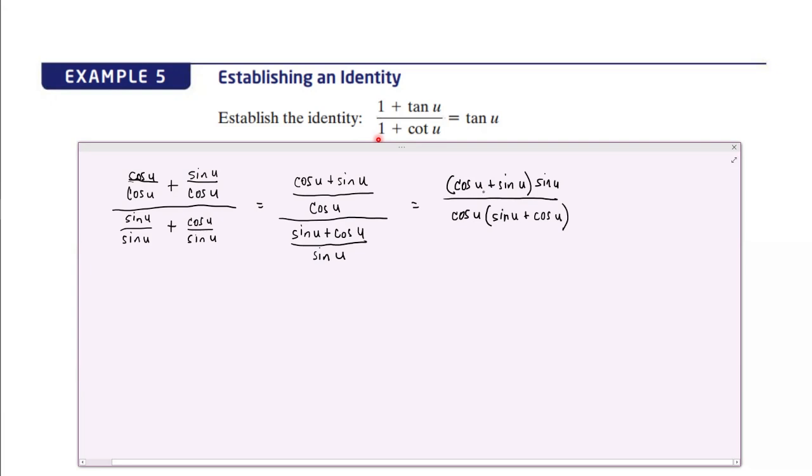Okay, and so what I have in common here is this cosine u plus sine u. Addition is commutative, so I could think of both of them as sine u plus cosine u and divide that into itself. Leaves me with a sine u over a cosine u, which is otherwise known as the tangent. So we got there from here.